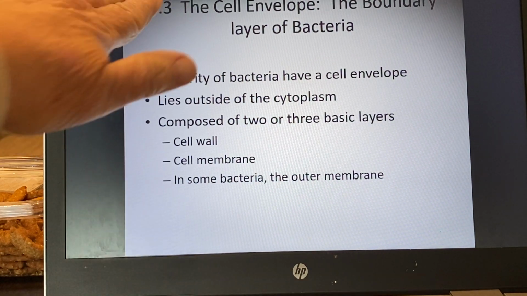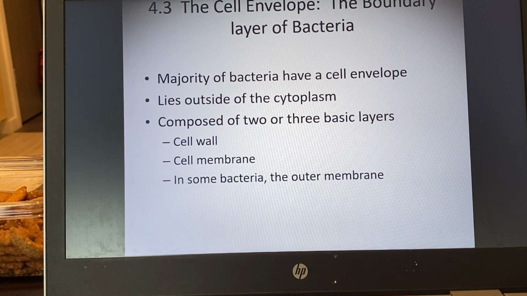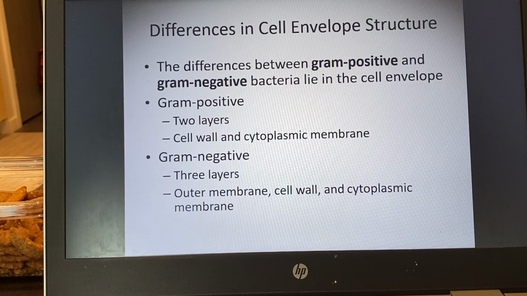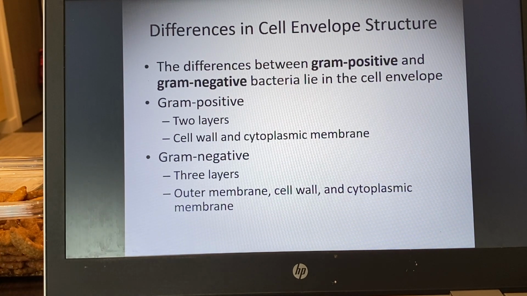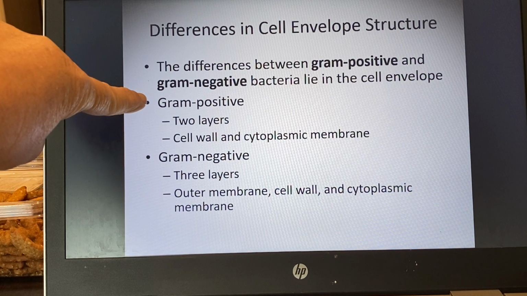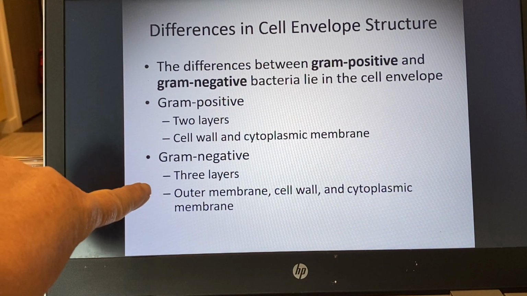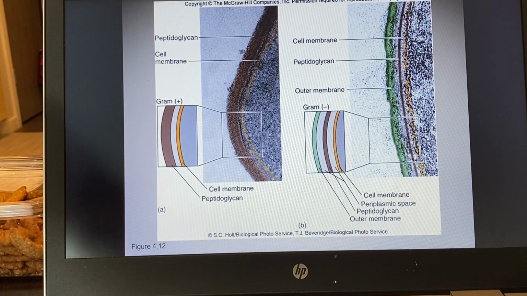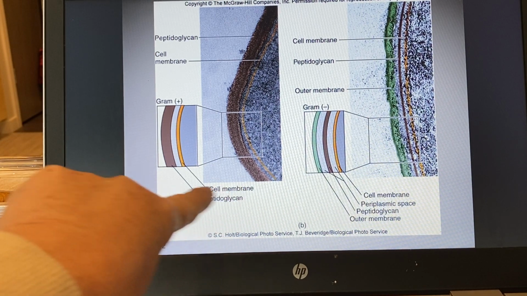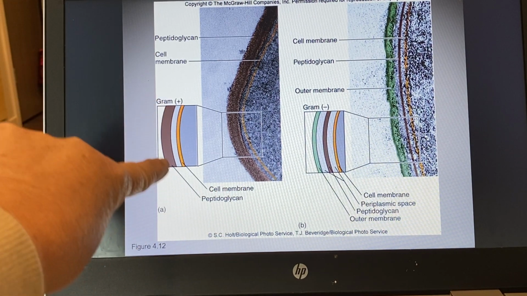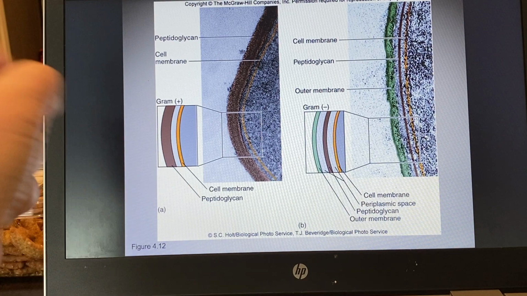Okay, the cell envelope basically does the exact same thing. Okay, just want to reiterate that, remember, the cell wall and that layer of peptidoglycan are what differentiates gram-positive bacteria from gram-negative bacteria. So remember, the gram-positive bacteria have a really thick layer of peptidoglycan.